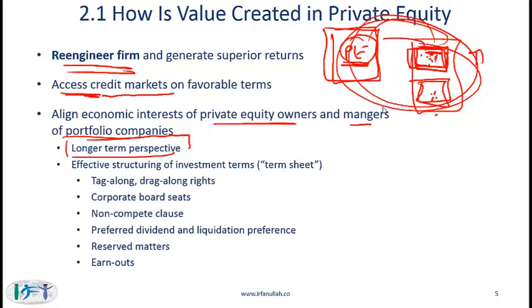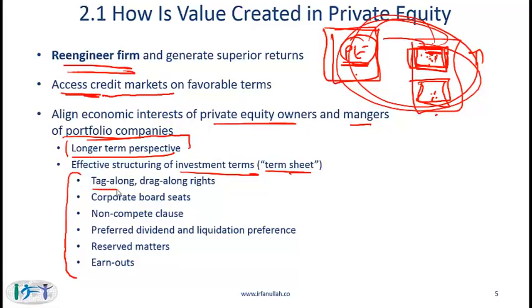What private equity firms do well in general is to establish terms or investment terms, these are called term sheets, in order to explicitly align the interest of the investors and the managers running the firm. And I'll give you a few examples. One clause that is put in, and you can think of this as the corporate governance charter in the context of private equity firms.